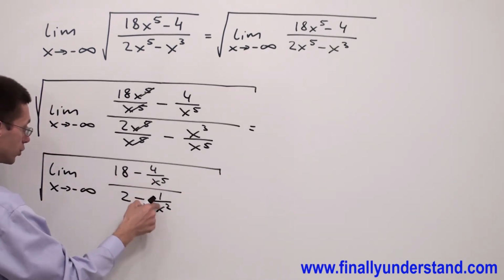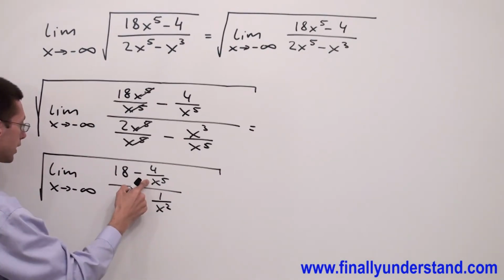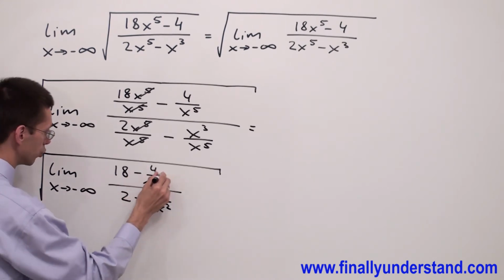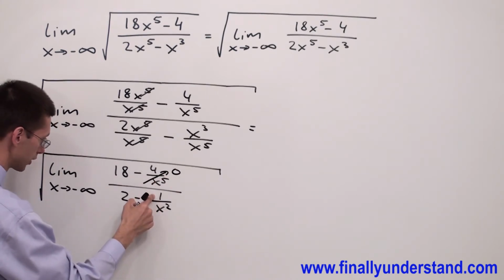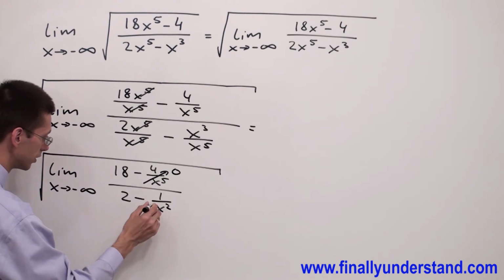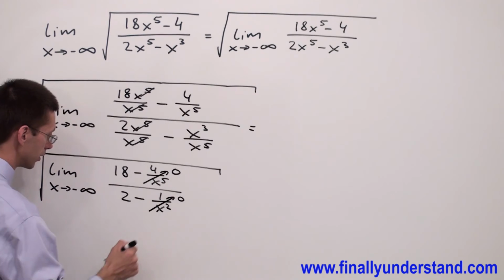Let's take a look at these two fractions. In the numerators, we have constants. If x is going to negative infinity or positive infinity, this fraction is going to approach 0. The same story happens over here. Again, I have a constant, and if x goes to negative or positive infinity, this fraction is going to approach 0.